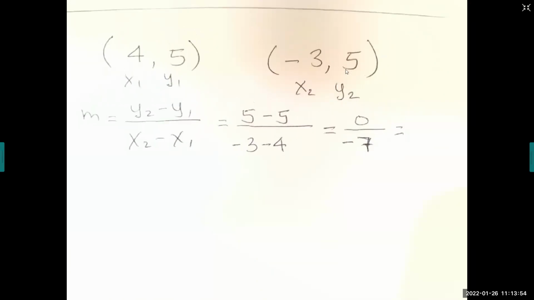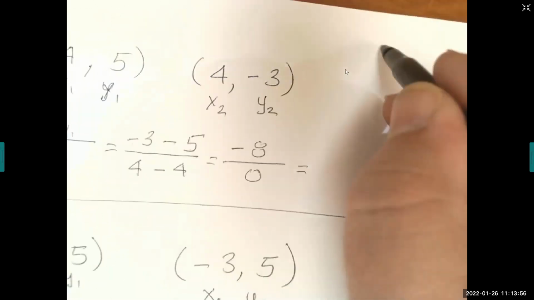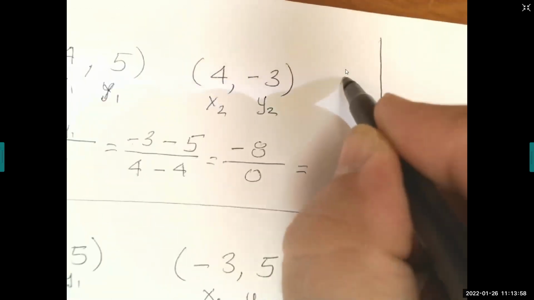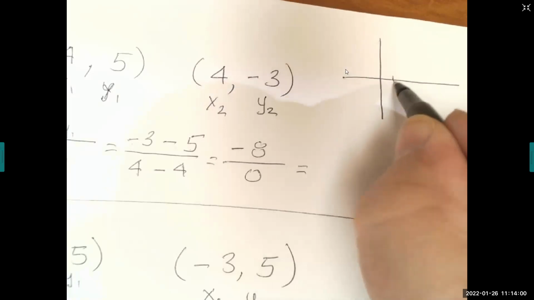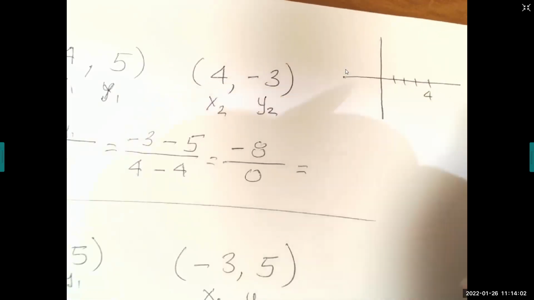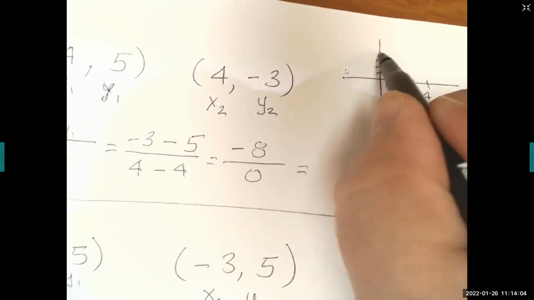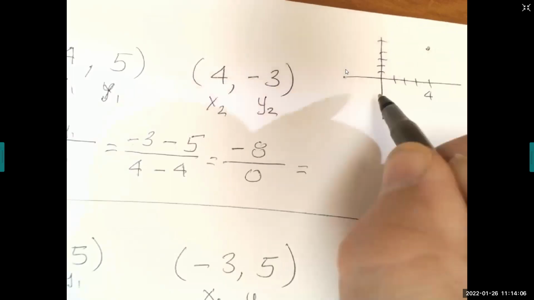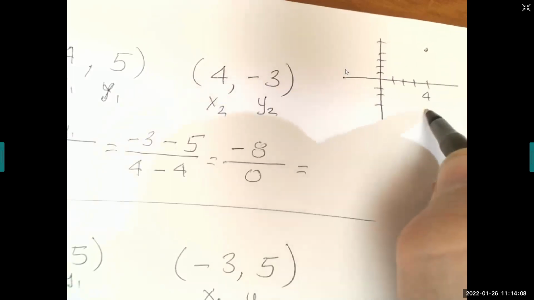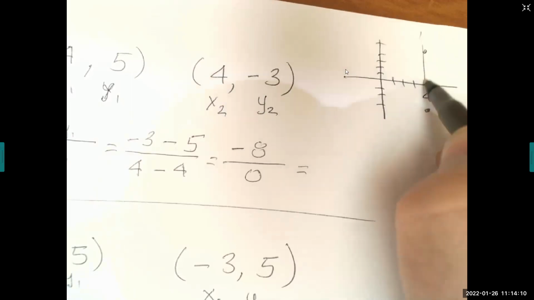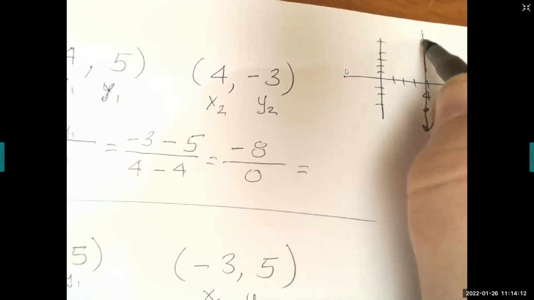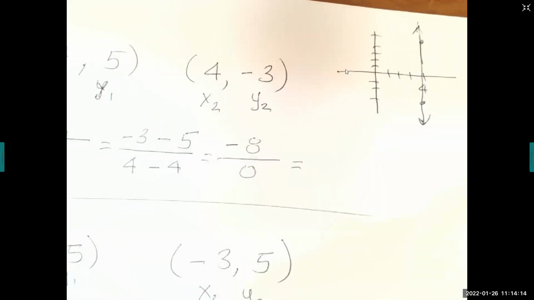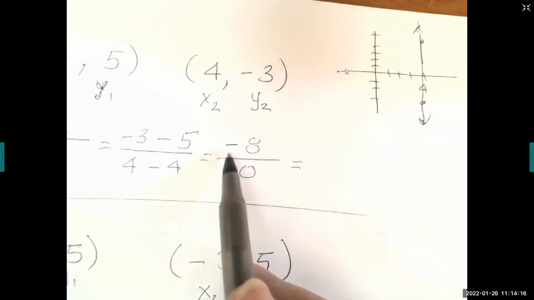All right, now, one, two, three, four. One, two, three, four, five. One, two, three. So that one is a vertical line. What is this one? -8 over 0.